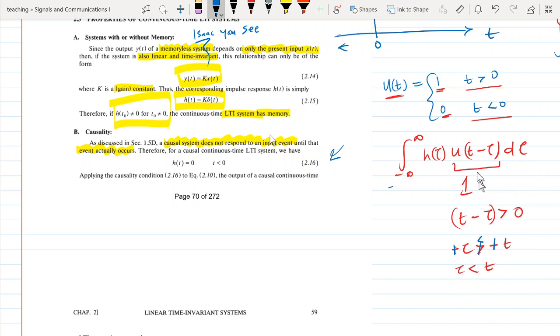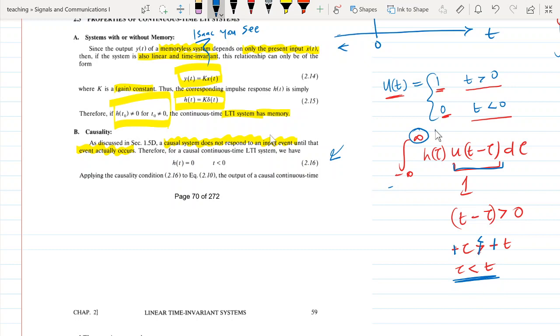So we are saying that this will be 1 only when tau is less than t, and therefore for this integral to make sense, the upper limit will only make sense if tau is less than t.